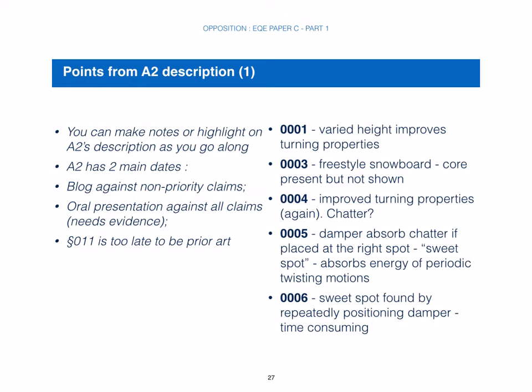If we now run through the document, paragraph 1 says that varied height improves turning properties. That's interesting. Paragraph 2 doesn't say much. Paragraph 3 says that we have a freestyle snowboard. The core is present but is not shown.